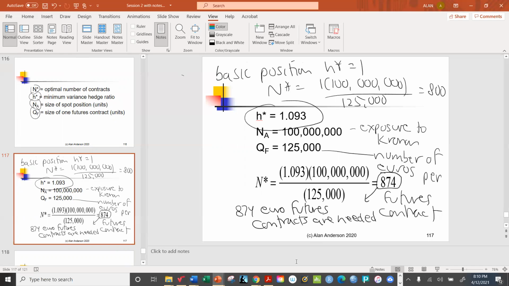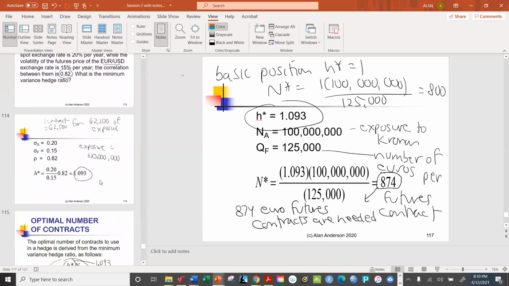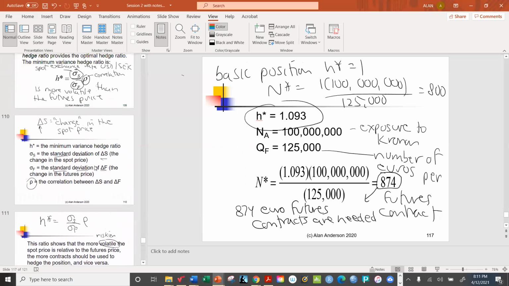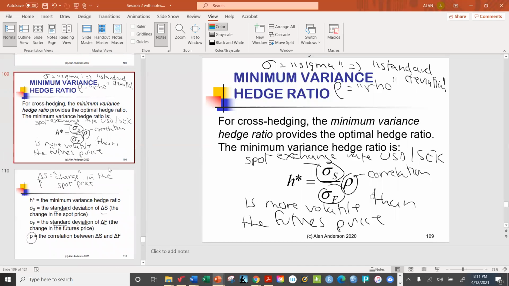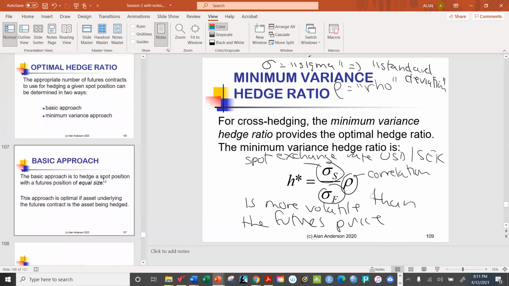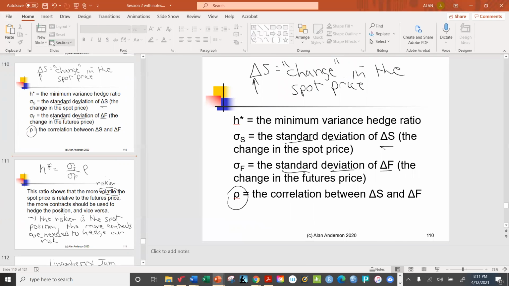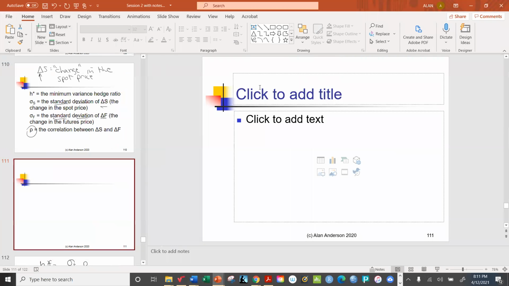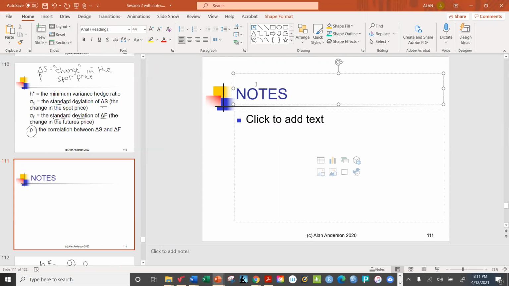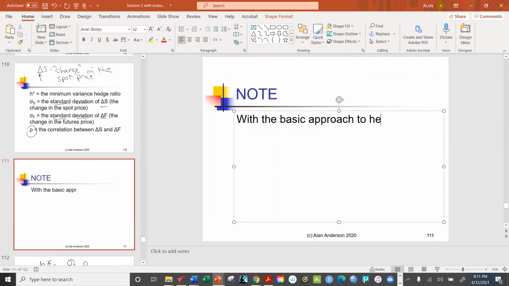Now, I forgot to mention this earlier. Remember, this is the minimum variance approach. I just want to mention in passing that with the basic approach to hedging with futures contracts, H star equals 1.